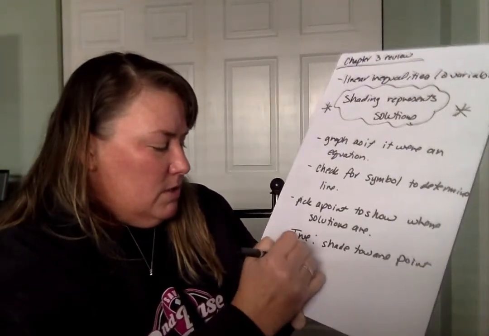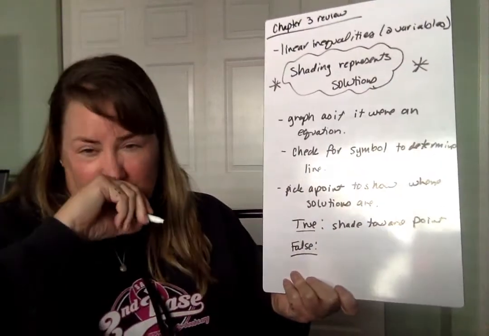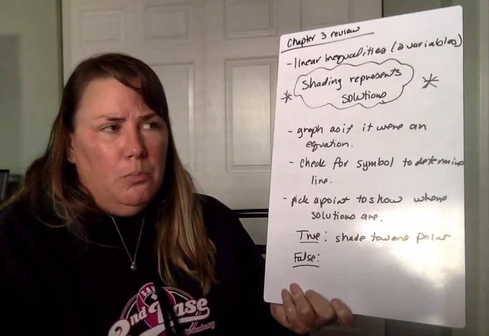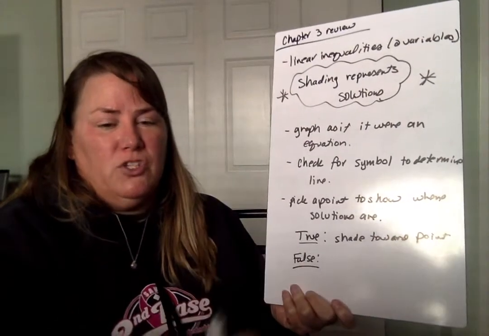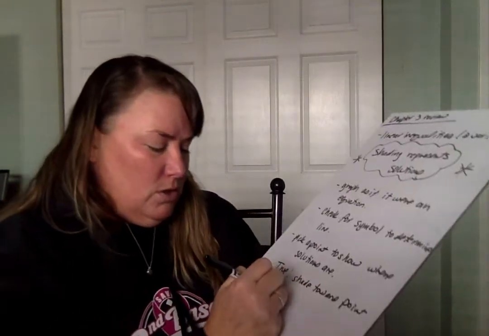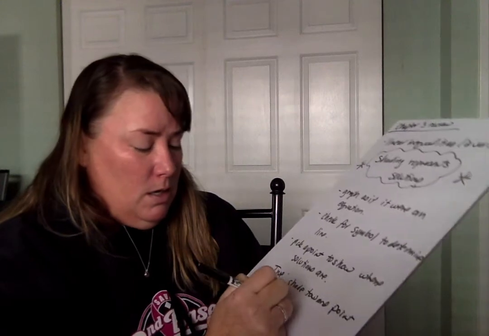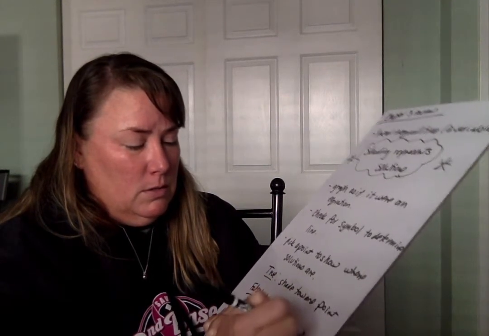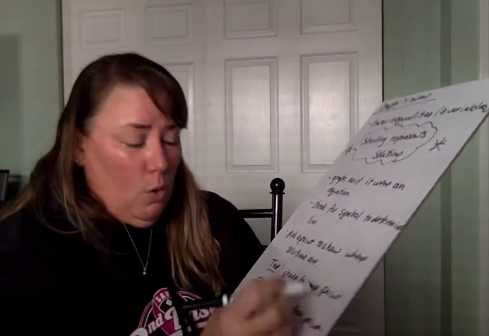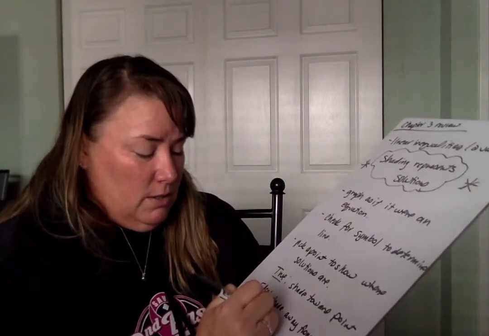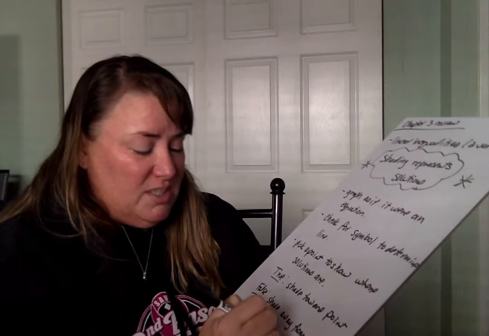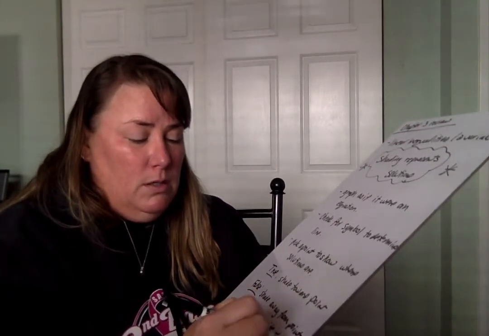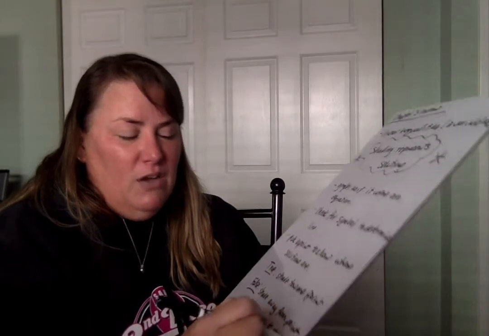If it's false, you can say this a couple different ways. I say shade away from it, but you have to remember you have to shade on the opposite side of the line. So shade away from the point. Or another way of saying that is shade the opposite side of the line, opposite side of the point.